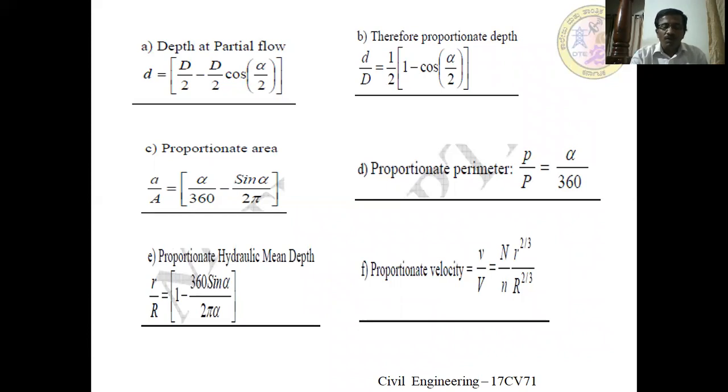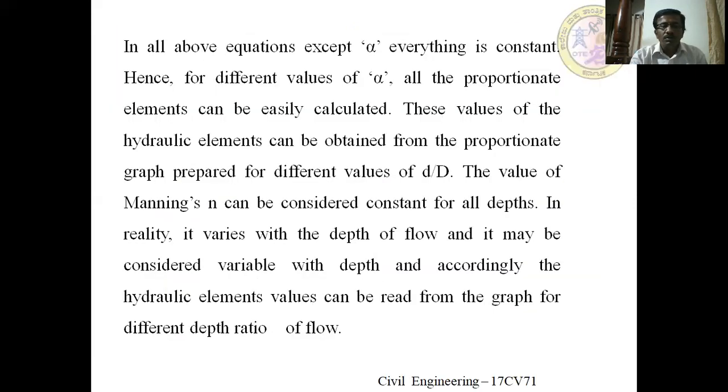Means, if the depth of flow varies, alpha also varies. Remaining things are constant. So this is the speciality of that particular one. In all the above equations, except alpha, everything is constant. Hence, for different values of alpha, all the proportionate elements can be easily calculated.